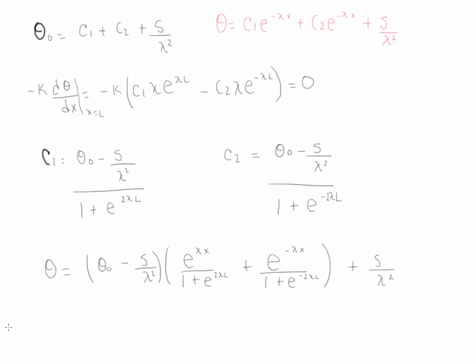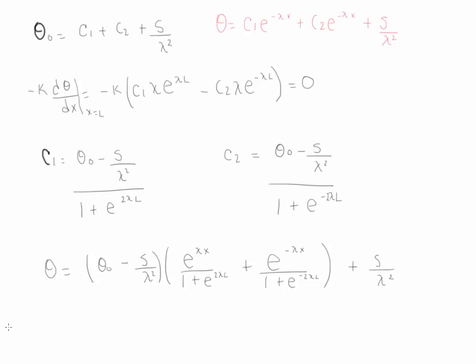We take the fact of using the three modes of heat transfer to evaluate the differential equation and the temperature distribution along this plate. The boundary conditions that we use are going to be constant temperature at x equal to 0, and we use the symmetry of the problem to evaluate insulation at x equal to L. After we evaluate the boundary conditions, we find the constants C1 and C2, and this is the final temperature distribution for this particular problem.